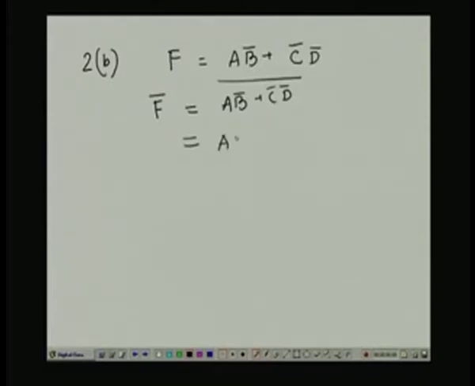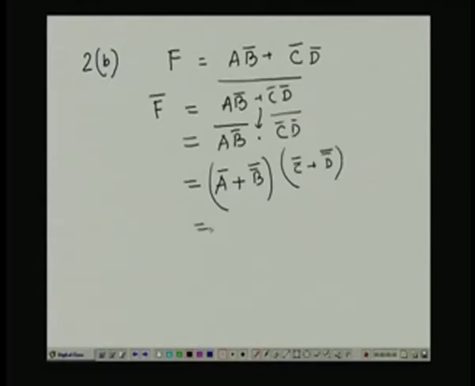Then this becomes A B bar complement of that, this plus will be replaced by dot, and then C bar D bar complement of that. Then this is equal to A bar, and dot becomes plus, and this is B bar bar. Then this becomes C bar bar plus D bar bar.